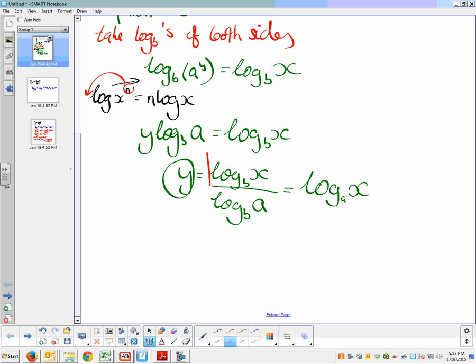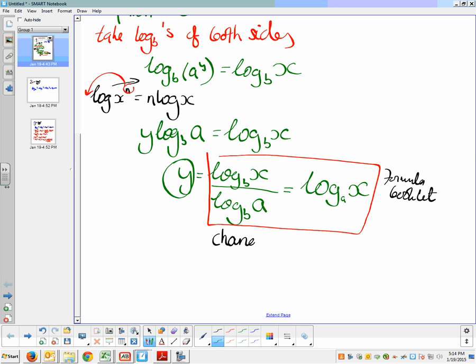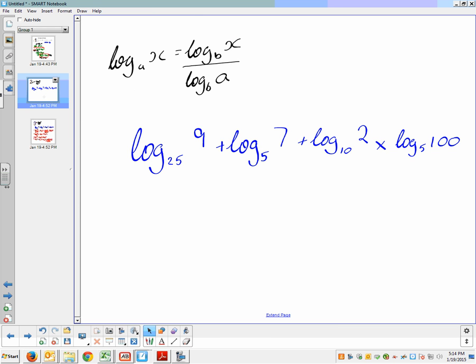So this formula, which you will find in your formula booklets, is the change of base formula for introducing or turning one log into the base of another. And when it's useful is if you've got logarithms written in different bases to start off with. So there it is again.